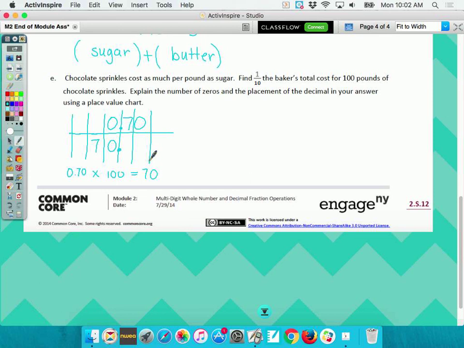Now I have to find 1/10 of 70. Now remember, 1/10 is like 1 divided by 10. So all I have to do is 70 divided by what? 10. So I'm going to get 70 on here. And I'm going to divide it by 10. And when I divide, which way do I go?